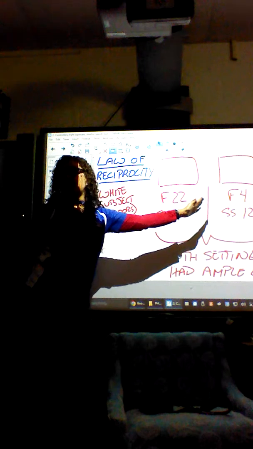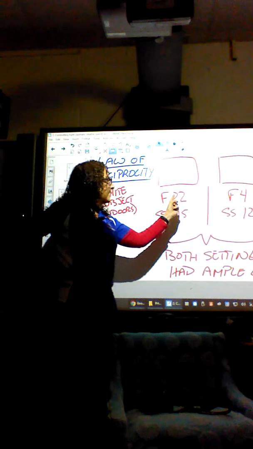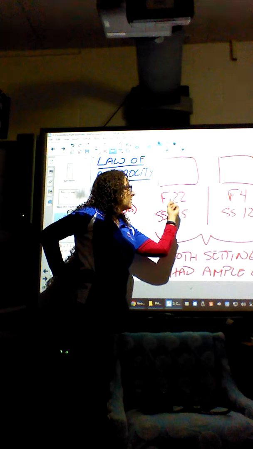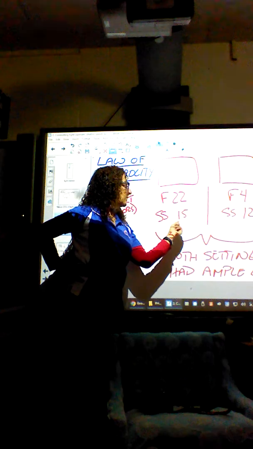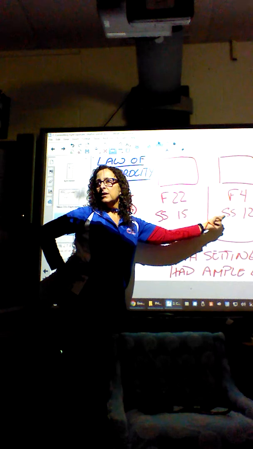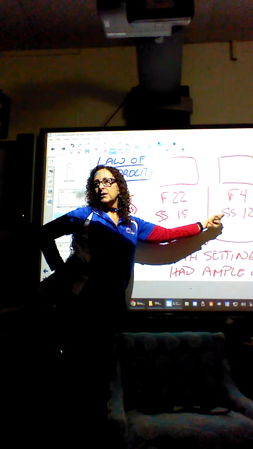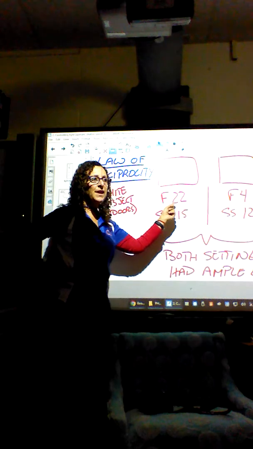These both have the same amount of light, but here's what I want you to look at. If I'm bringing this number down, if my f-stop is lowering, my shutter speed has to increase to get the same amount of light. Let's look at these numbers again.